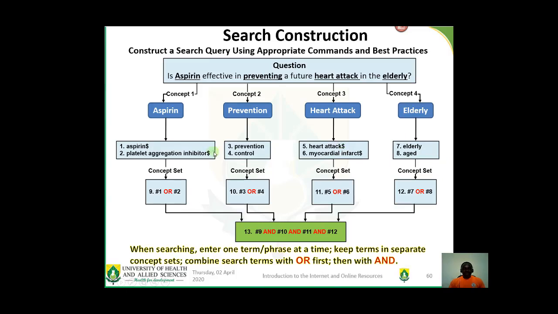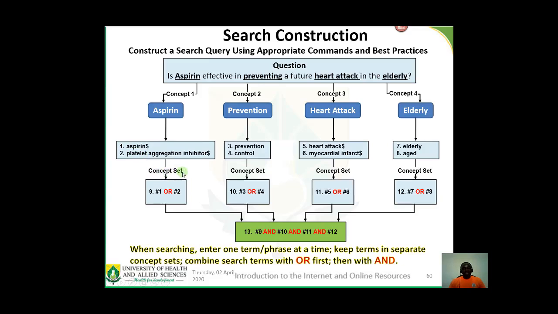But be mindful of the numbers that I have used to bullet these points, and observe that aspirin, which is 1, and platelet aggregation inhibitor, which is 2, are synonyms, or they are related terms. And so because of that, they form what you call a concept set.